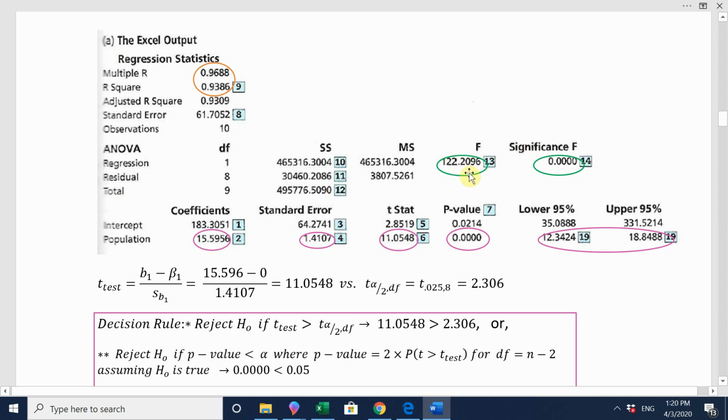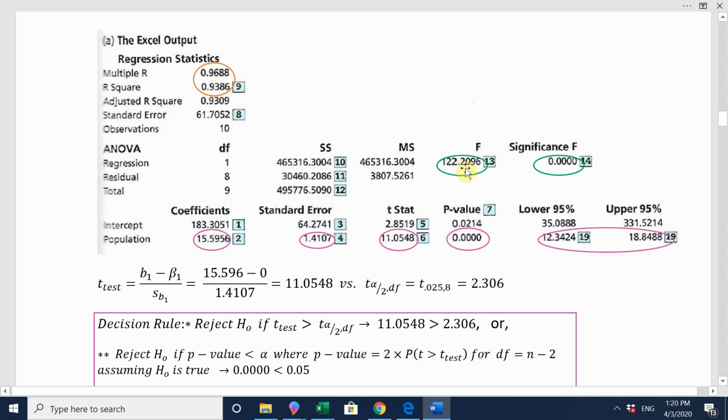So the F-test value here is done by applying the formula we saw, and so we get a value of 122.2096.